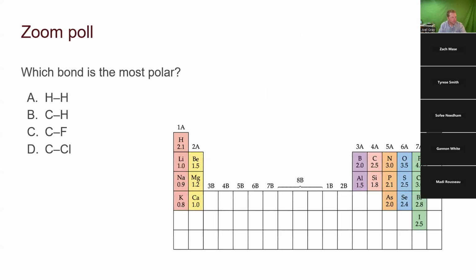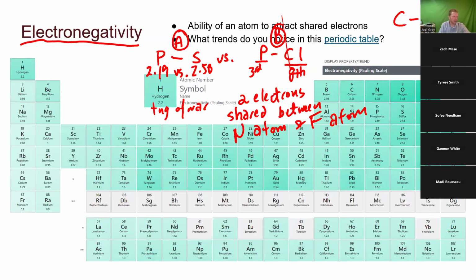Now, that's leading up to our last poll question of the day. Phosphorus versus chlorine. 3.16 versus 2.19. Make an approximation. What's the difference between these two values?